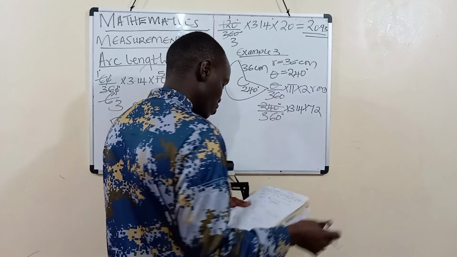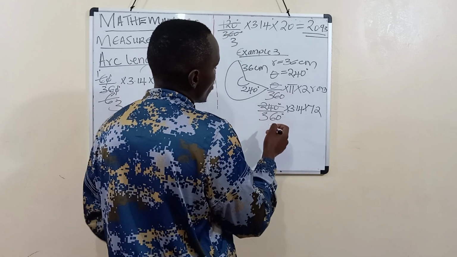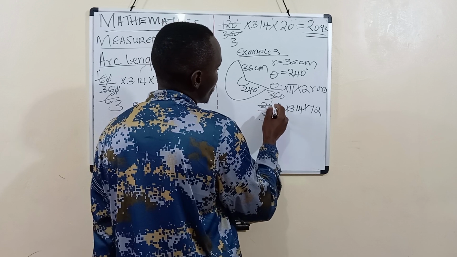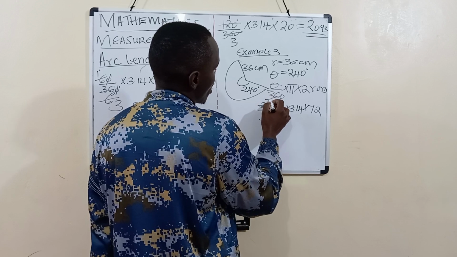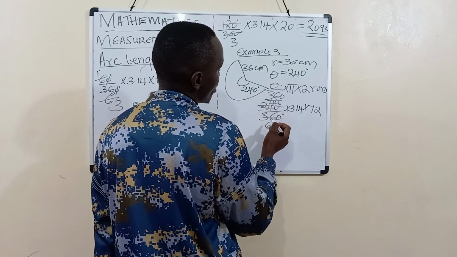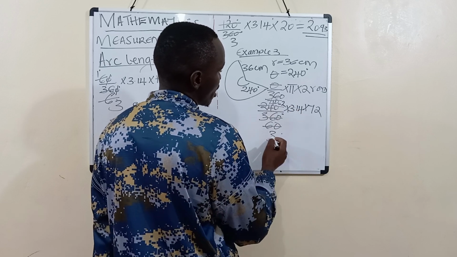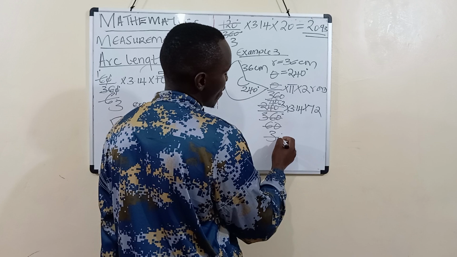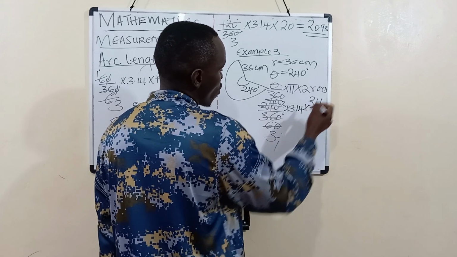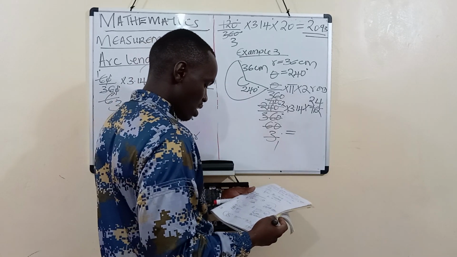In this case, you are going to have to divide directly. We can divide by 6 first so that we can have 40 and 60, and then divide by 20, which will be 2 over 3. Then we divide by 3 and 72, which gives 24.